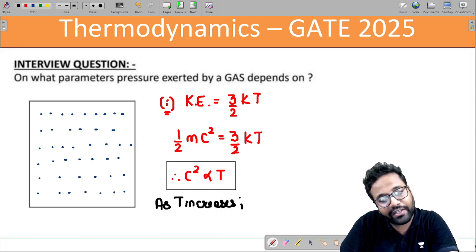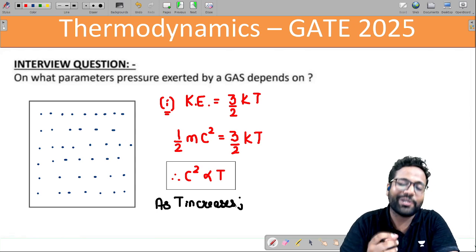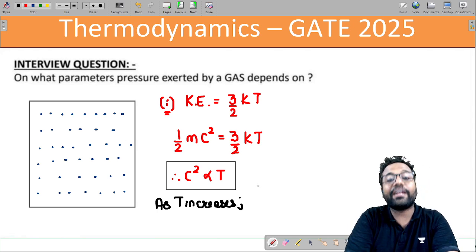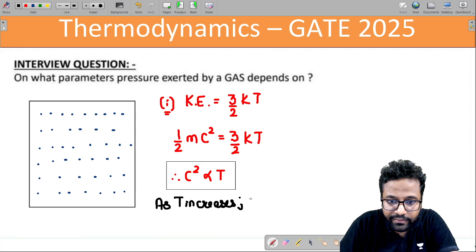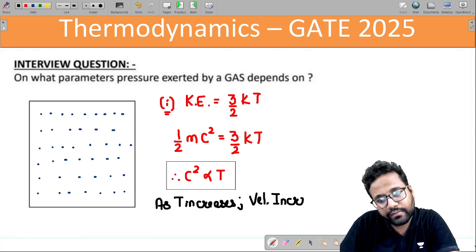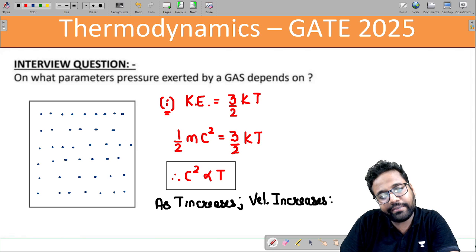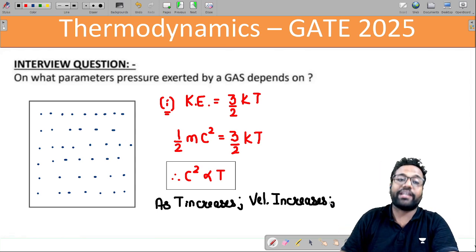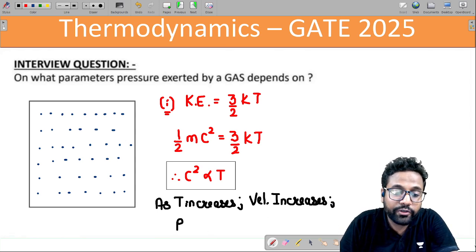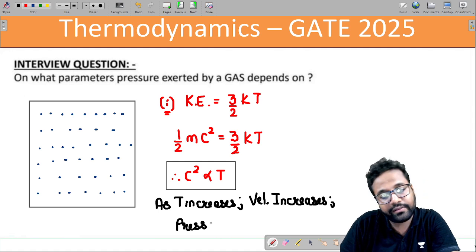The molecules will be in chaos, they will have a random movement, and ultimately the force with which they strike the container wall will increase, so the pressure will also increase.